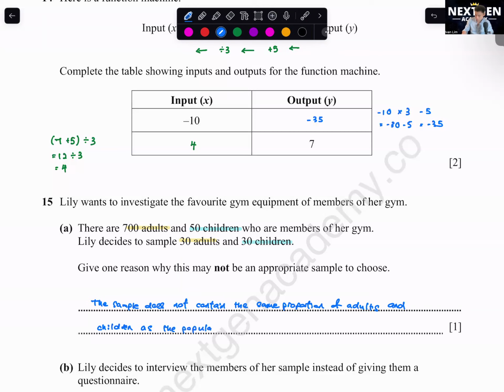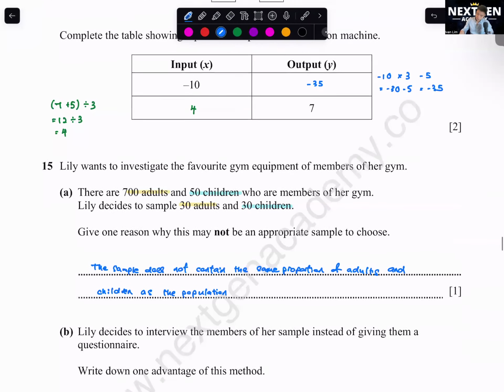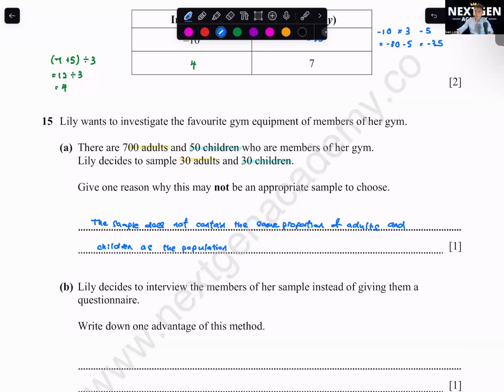So that means the proportion, your fraction of it, is very different for both adults and children.